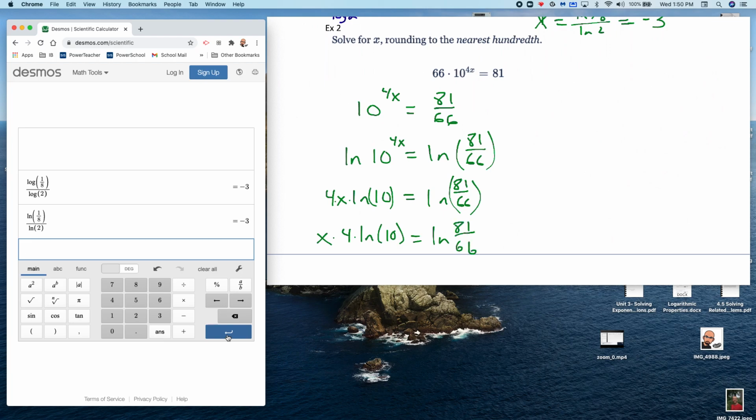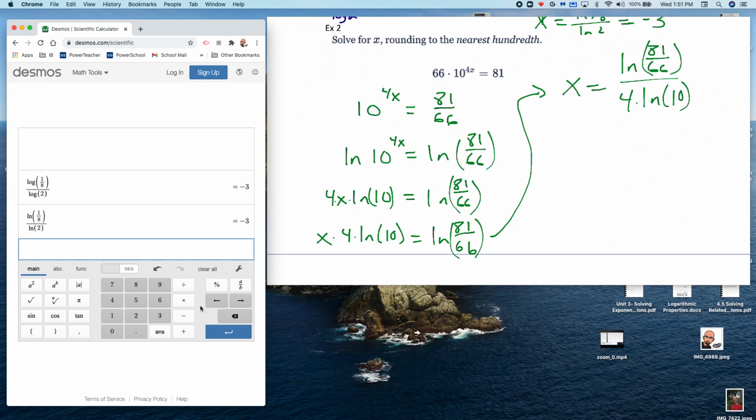As long as it's multiplication, we can rearrange it. 3 times 4 is the same thing as 4 times 3. Then to solve this, I'm just going to divide by 4 times the natural log of 10, and I'm going to make sure that I can use a calculator, which I can on this one.